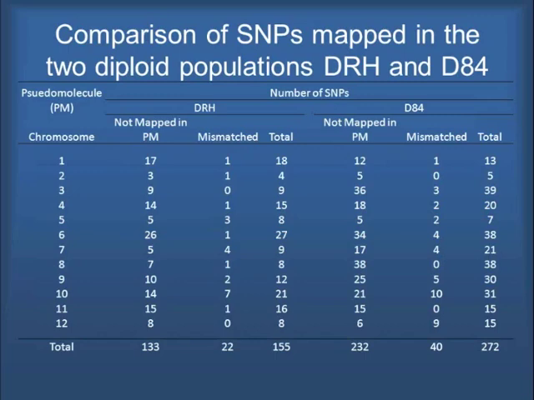Of those that weren't mapped, we had mismatches, as you can see, by chromosome, and on chromosome 10 we seem to have a large number of mismatches. But then there's a scattering around. We got 10 there, and 9 on chromosome 12.